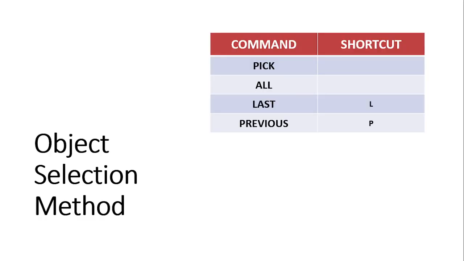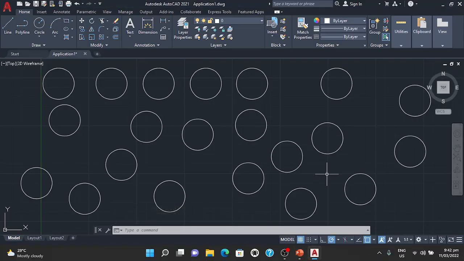So let's apply the previous one. What if we type E for erase, then type previous? Once we press previous, automatically the last object we selected is chosen. Let's try to erase it by applying previous, hit enter, and it was deleted.